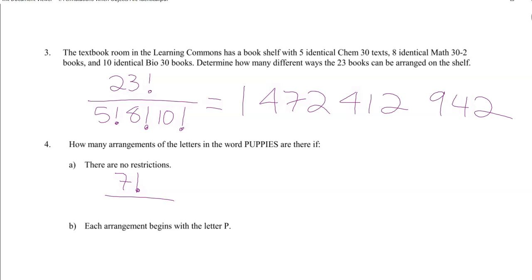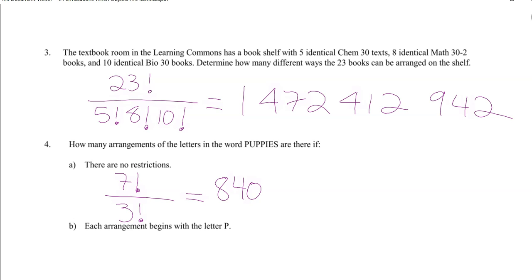Puppies, there's a lot of P's. So we can't tell the order of those 3 P's, right? So 7 factorial divided by 3 factorial, which is how much? 840. 840. I was getting there. I would have got there, I think, maybe.